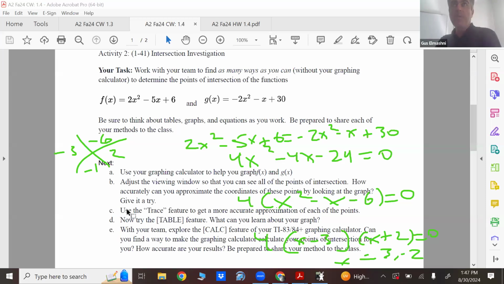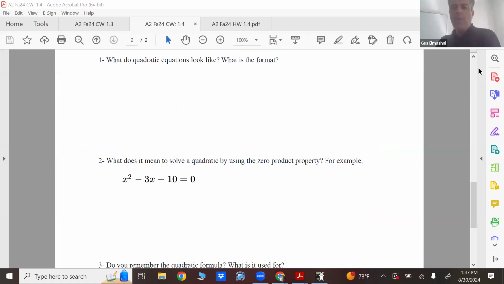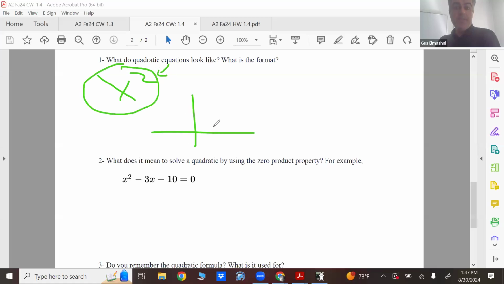All right, I think we're getting close to the end here. Okay, what do quadratic equations look like? They have x squared in them. They're also parabolas, yes.